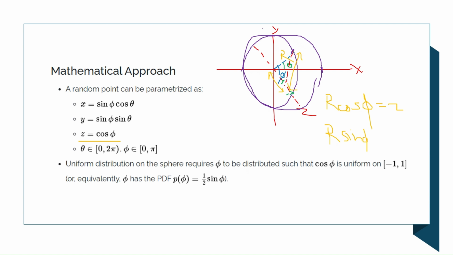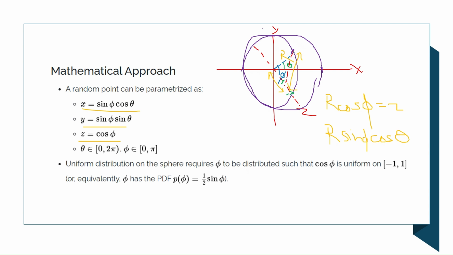Once we have this distance r sine phi, we can get the x-coordinate because we know the angle it makes with the x-axis, which is theta. So r sine phi times cos theta would give us the x-coordinate, and r sine phi times sine theta would give us the y-coordinate. So these are our coordinates in terms of the angles phi and theta.